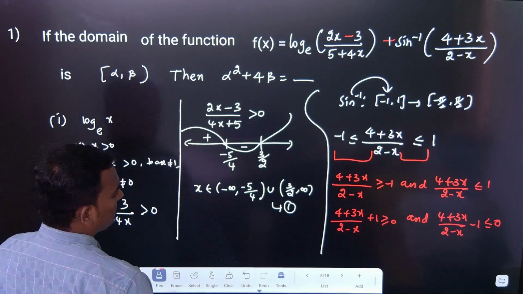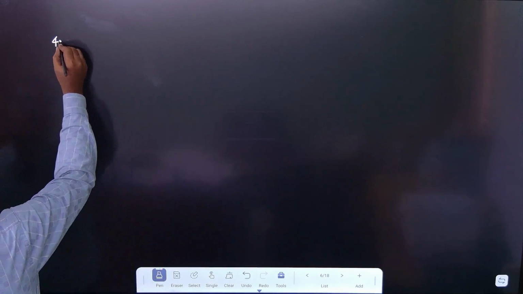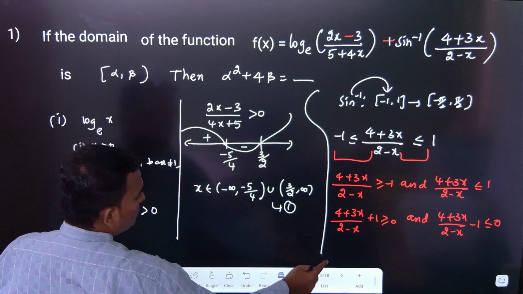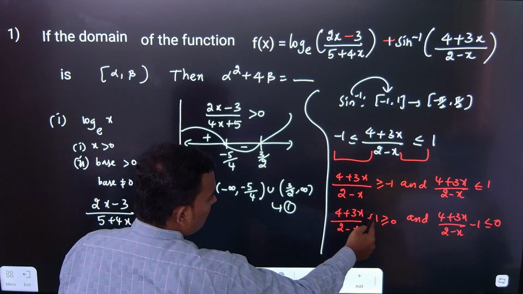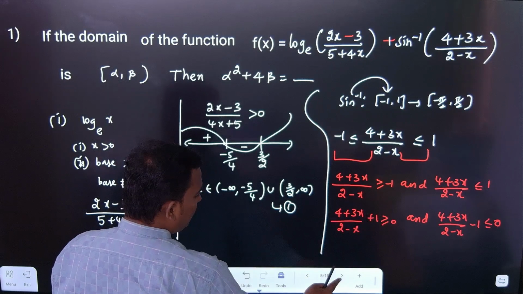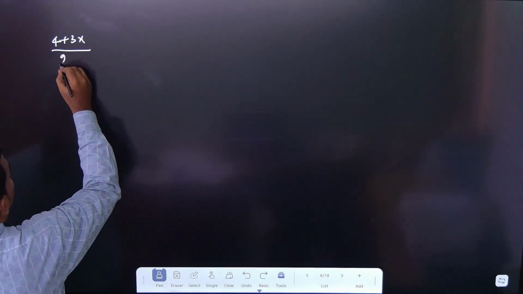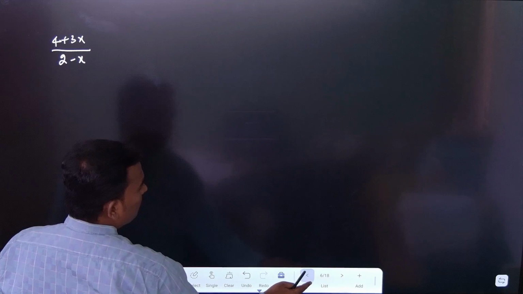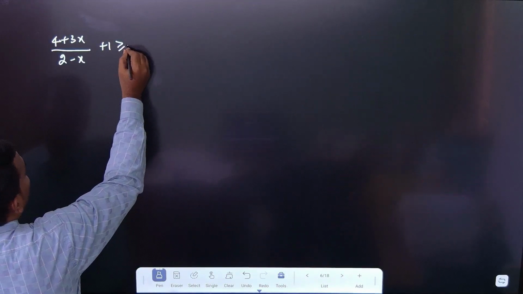Let me take another page. The first one is what? (4 + 3x)/(2 − x). You just have to take the LCM, right? So (4 + 3x)/(2 − x) + 1 is greater than 0.